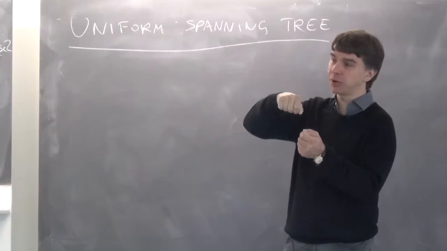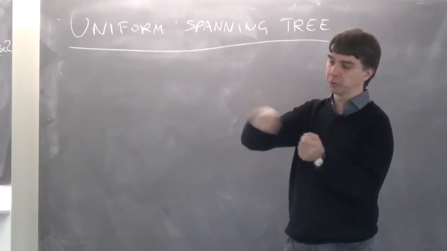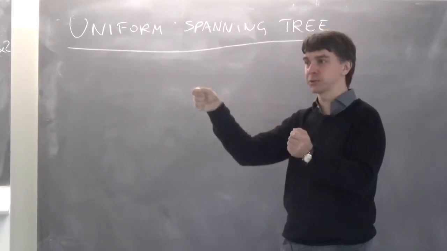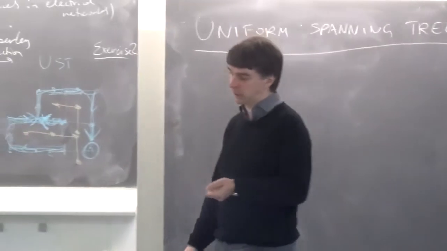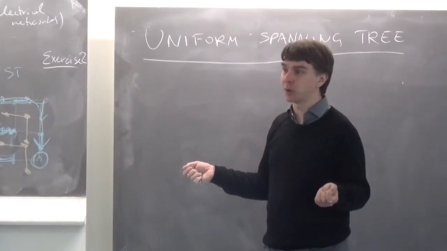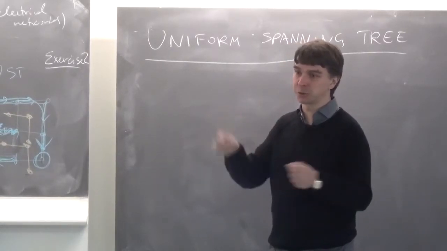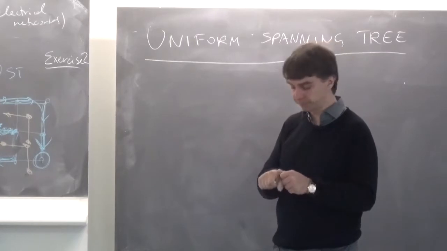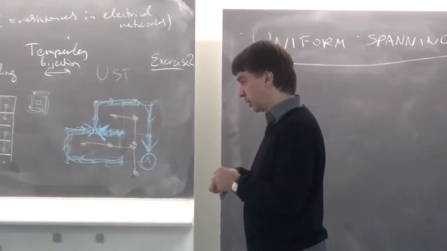If you visit something you already visited, you don't. Once in a while, you step outside, then you add this edge. The problem with this is that the running time is until you visit all the vertices at least once. But there is a small probability that there will be a few vertices which you don't visit for a very long time.